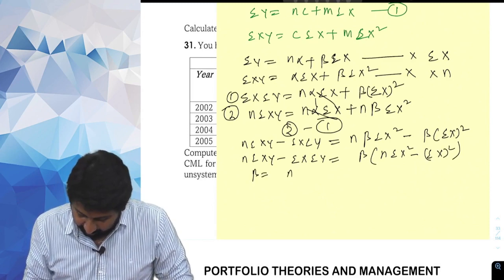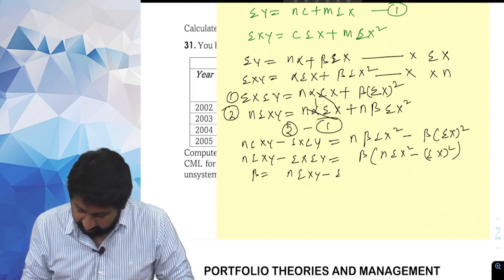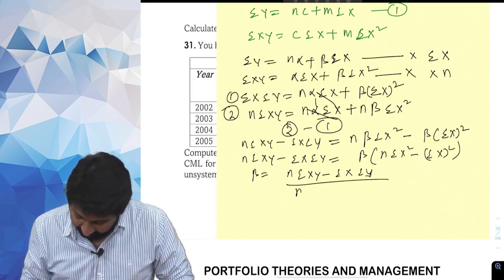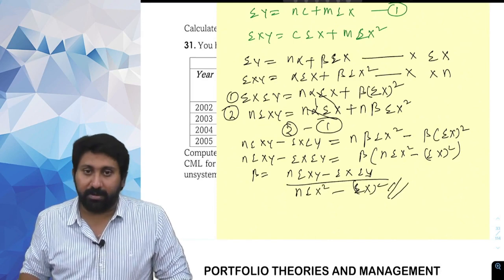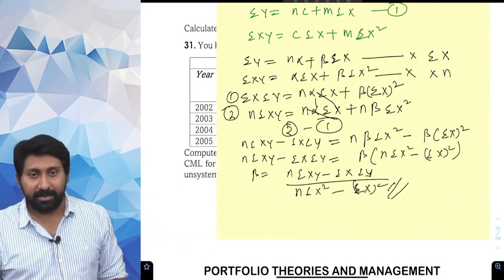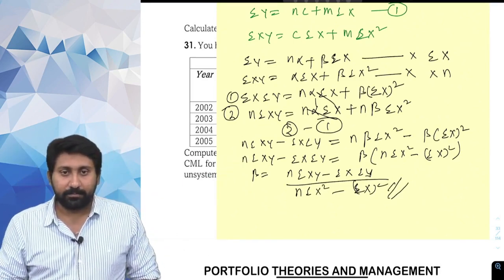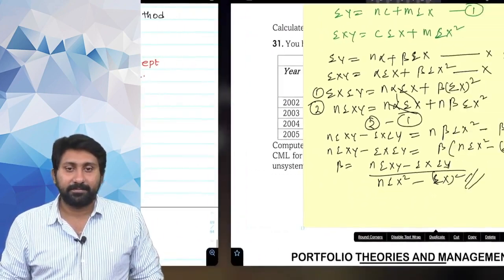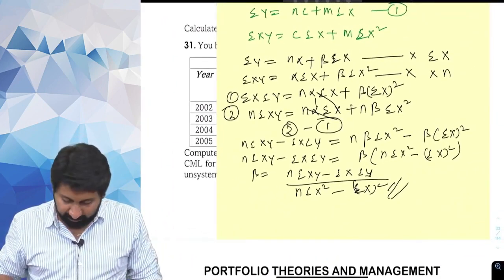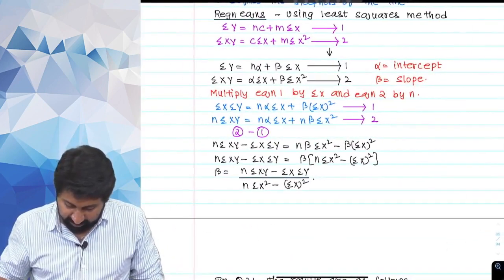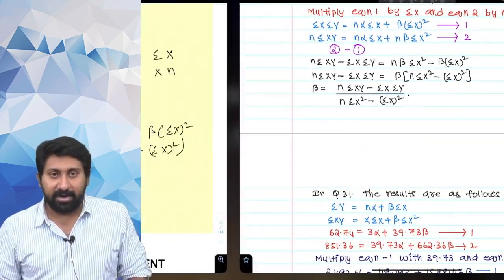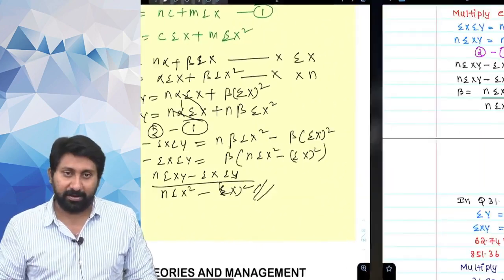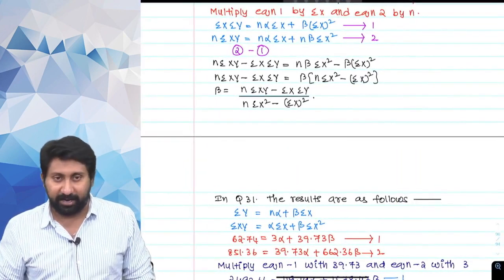So beta equal to n sigma xy minus sigma x sigma y, whole divided by n sigma x square minus sigma x the whole square. This is how the formula has been derived. Clear, everyone?